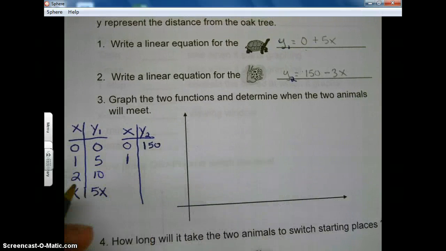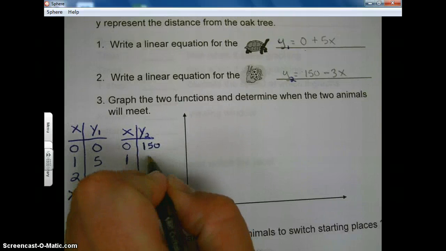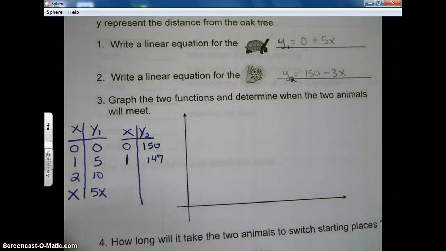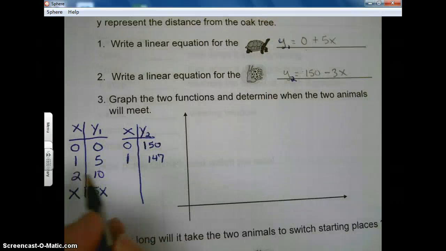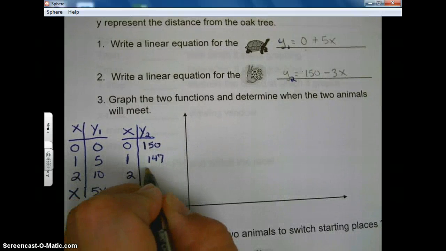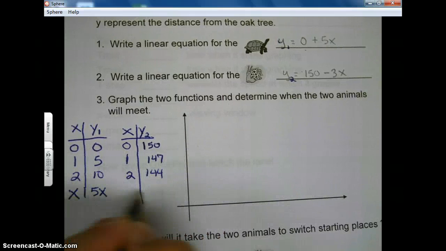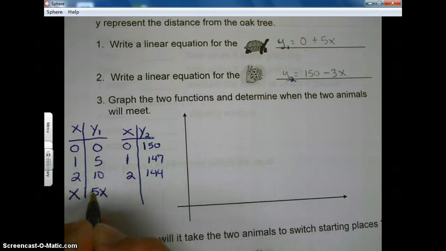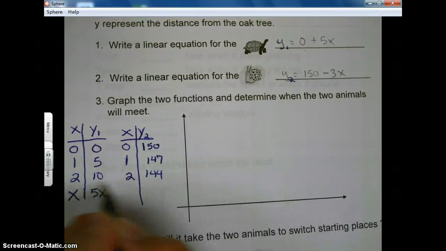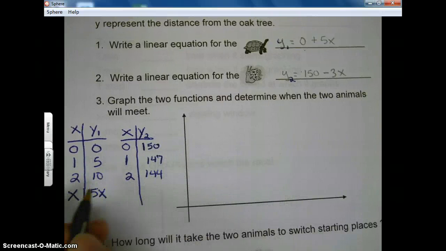In 1 minute, the snail has gone 147, 3 feet per minute. Okay, so we could continue on with this and see if our tables would eventually be the same, the y's, where the distances would be the same, and that would be where the two intersect.